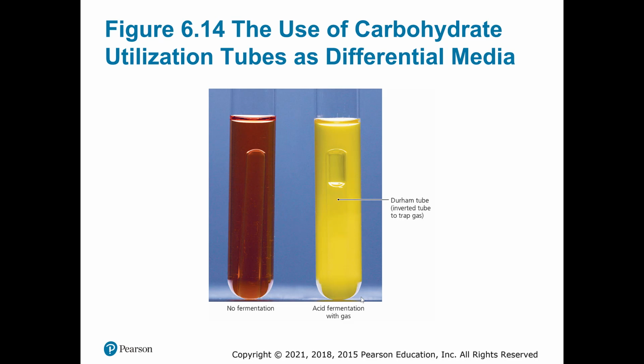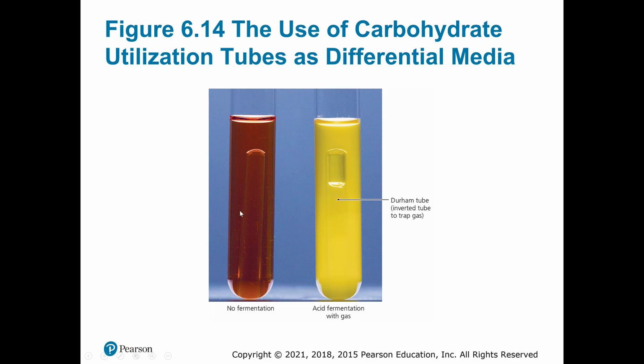They don't tell us, at least in this picture, which carbohydrate is in here. I'm just going to pick one. Let's say there's glucose in this broth. You would use this medium if you want to know if your bacteria can ferment glucose or not. Does it use glucose and ferment it as part of its metabolic process or not? This media will tell you that.